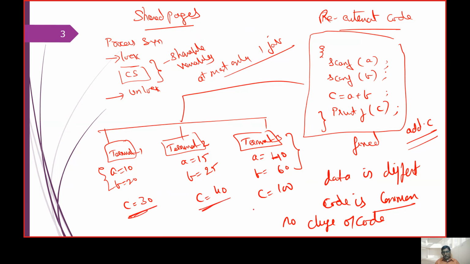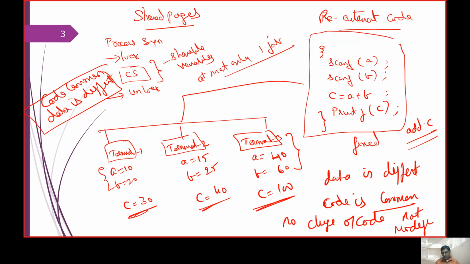Based upon the inputs, we get the outputs. So what is different here? Code is common and data is different. The code is fixed and distributed to different people on different terminals. They don't modify the code. Only the data is modified.